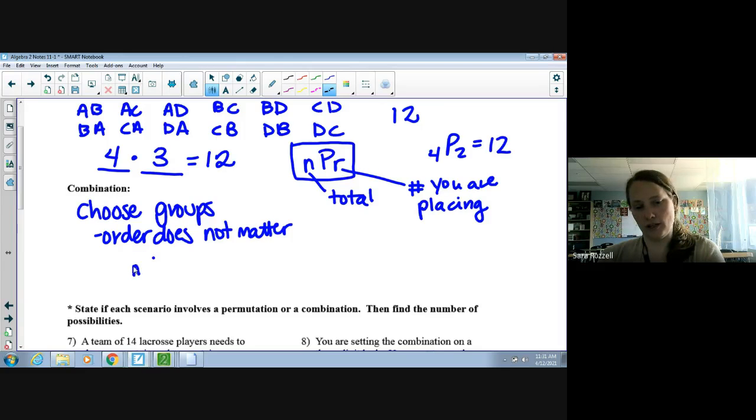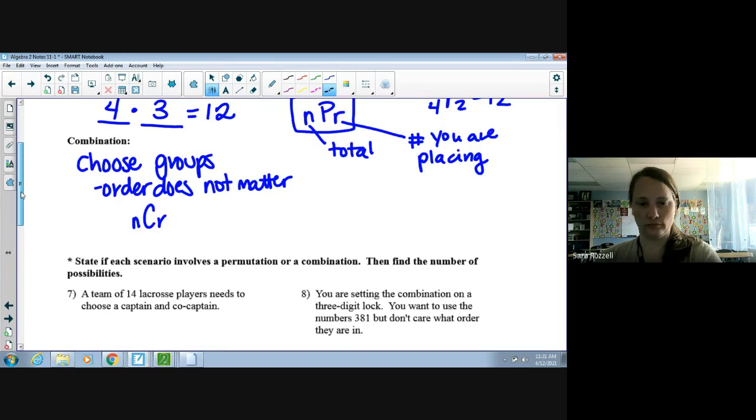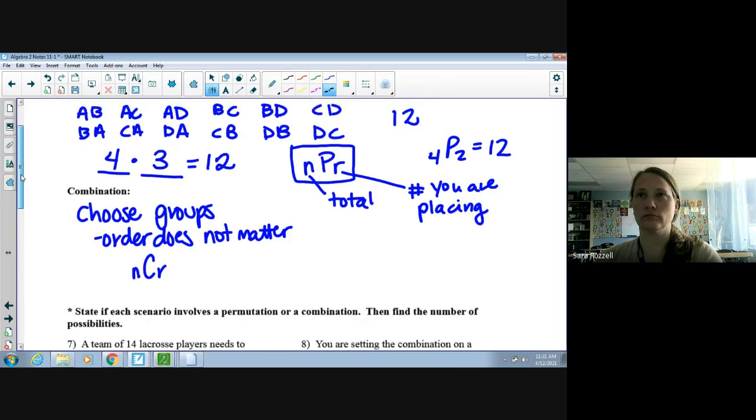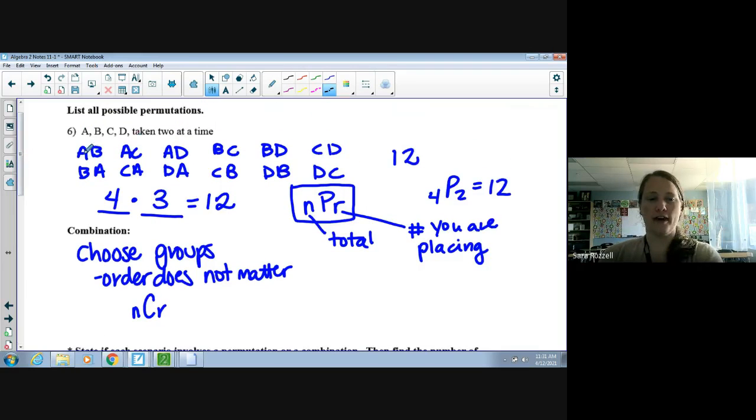So for these, we do NCR. So we're choosing groups. The order does not matter. I just want like a group of 5 or a group of 8 or a group of 10. Or if we were looking at the one above, AB and BA would be the same thing because it doesn't matter which one came first.